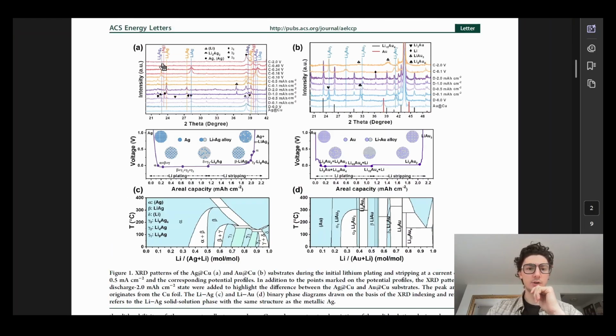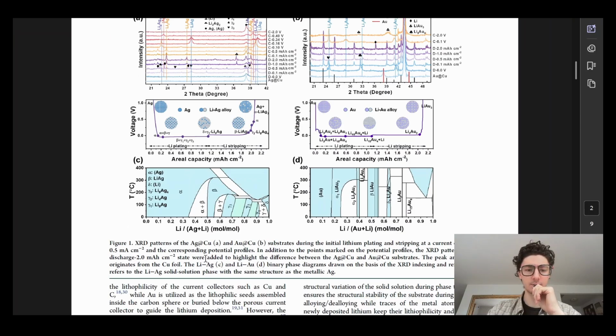So these are all XRD. I think this is XRD A and this is XRD B for the silver and for the gold. So what is this telling us? I'm not too sure yet. I'm not the best at reading XRD patterns or graphs. So let's just see what else they have.